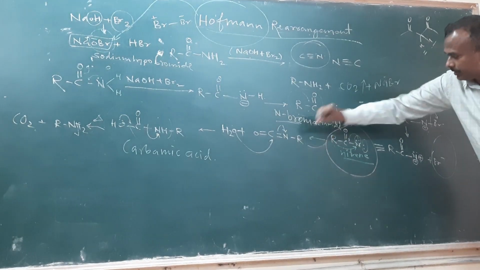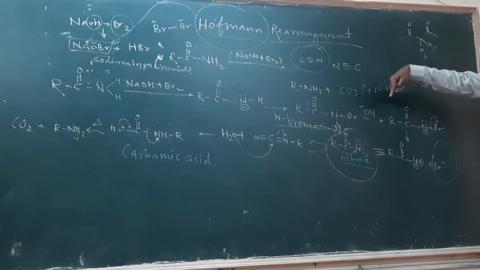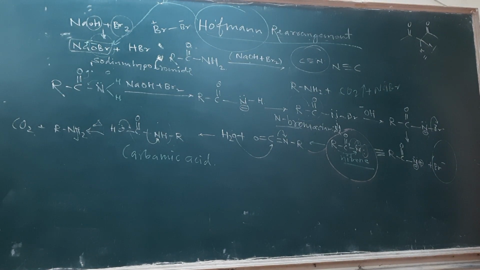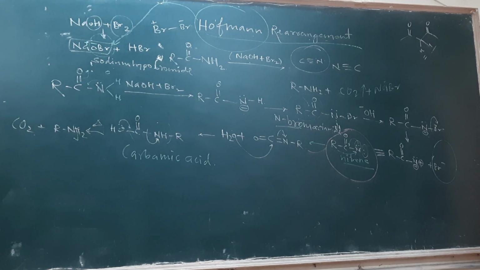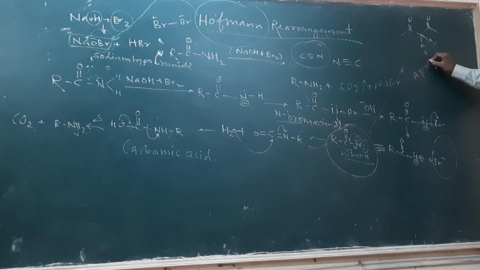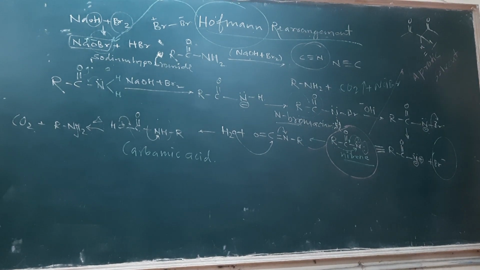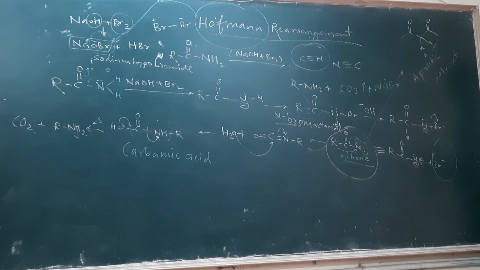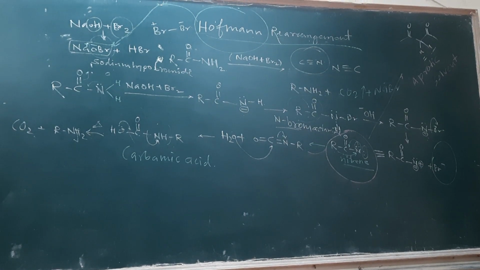This rearrangement is an intramolecular rearrangement. So this is an example of intramolecular rearrangement, and this reaction is performed in an aprotic solvent. Now the question is why this reaction is performed in an aprotic solvent.